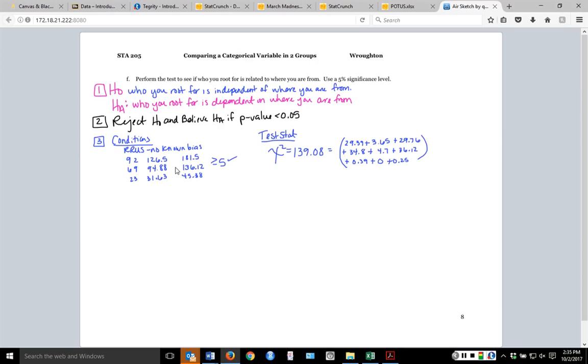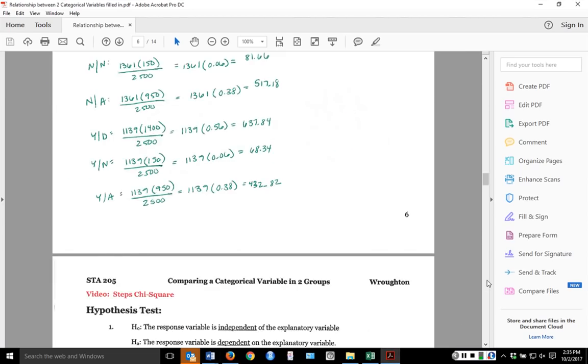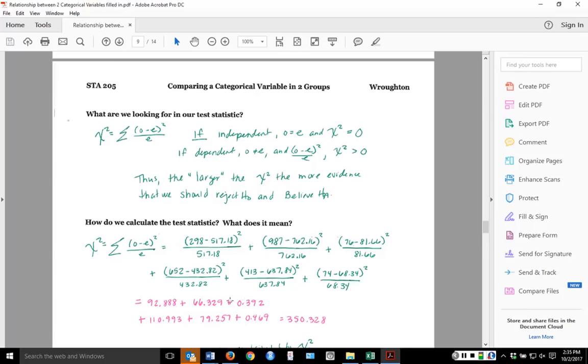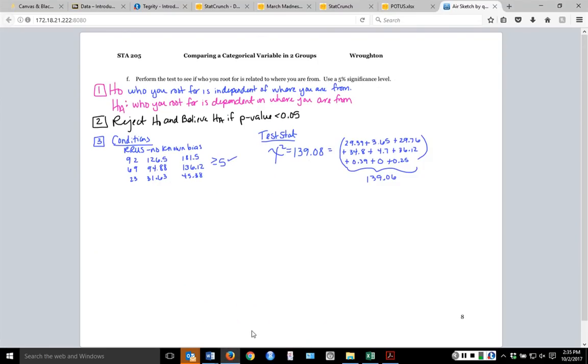And this is roughly going to give us about the same thing. When I did this math, I got 139.06. So then rounding, it gets you the same thing. So we did this by hand together. It's doing all of that formula for you. So each of those individual numbers is each of those cells that we did here. So that step is done.